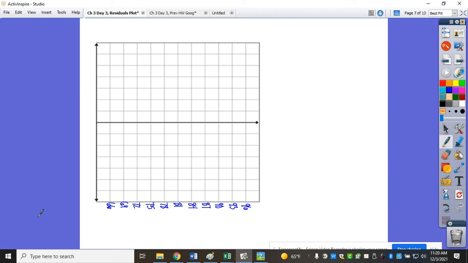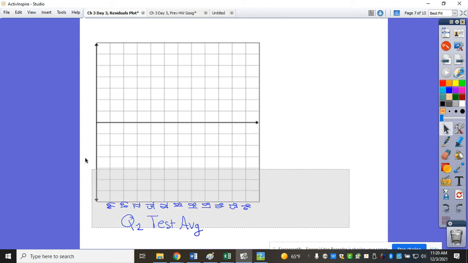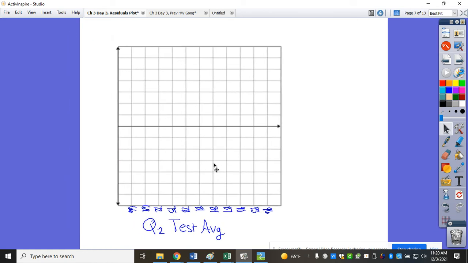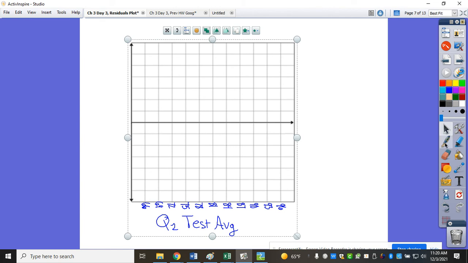And so these are still our Q2 test averages. What do we know is going to be our label for our y-axis? Residuals.